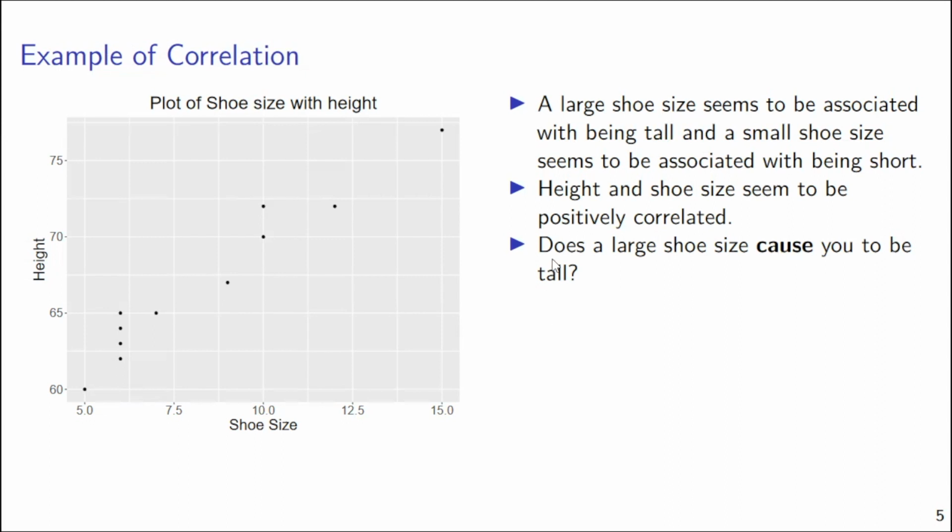One of the things that you want to be able to address is this question here. Does the person having a large shoe size mean that they're also tall? That it causes one to be tall? And probably not. And so we want to be very careful when we look at these relationships to not say that one causes the other.